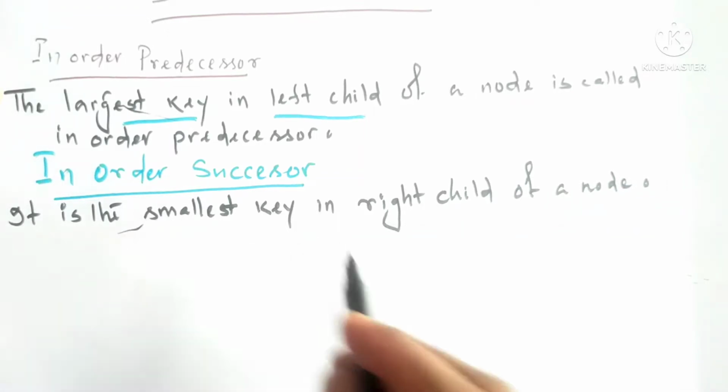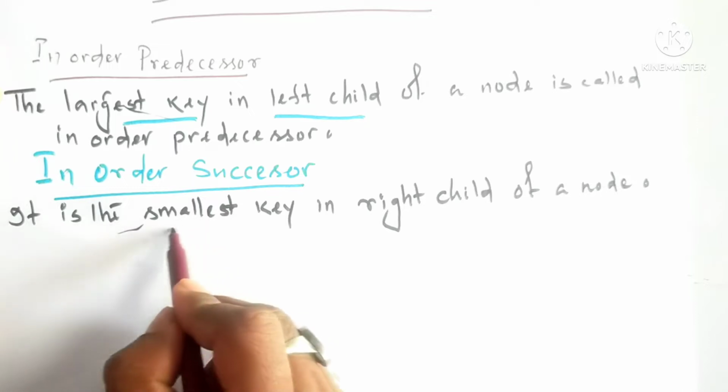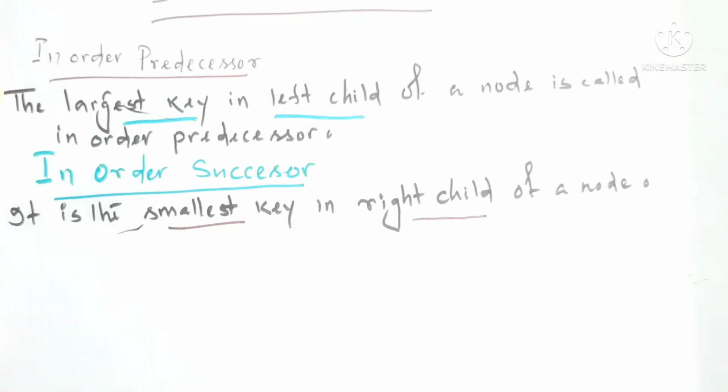So if you find the smallest key in the right child of a node, it is called the in-order successor.